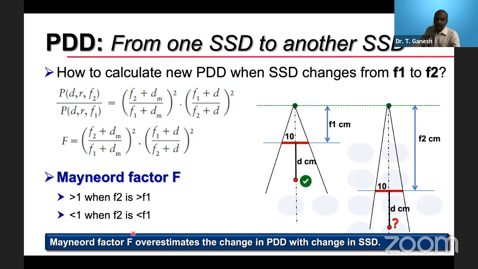But the Mayneord factor F actually overestimates the change in PDD with change in SSD. So when we change the SSD from 100 to 120 or 100 to 70, we can use this formula and calculate, but the change in PDD calculated using this factor will actually overestimate the change in PDD.